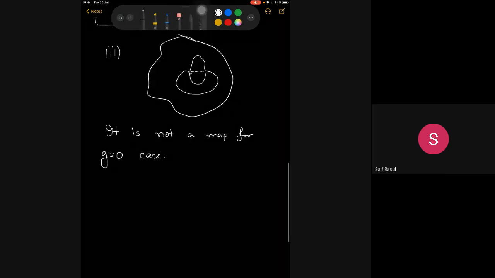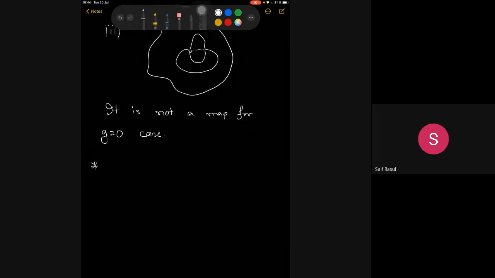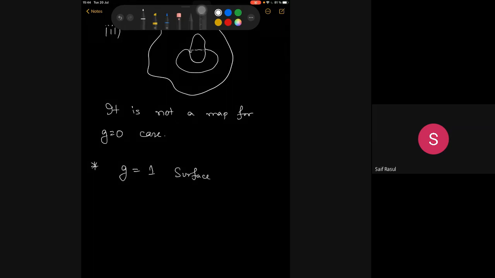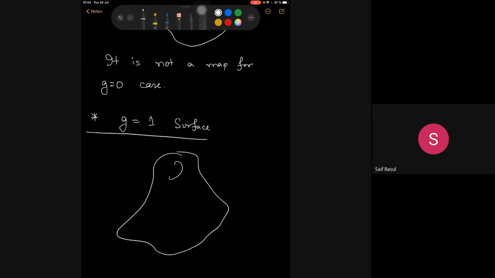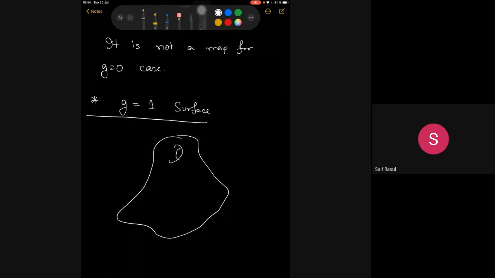Okay. But now let's look at the genus 1 scenario, a genus 1 surface. Genus 1 is just a surface with one hole. It's important to remember that any genus 1 surface can be transformed into, let's say, a mug or a donut.